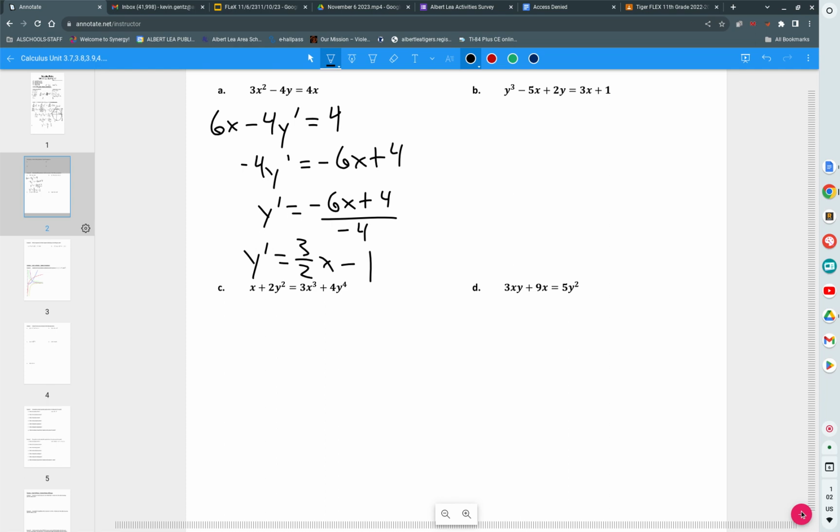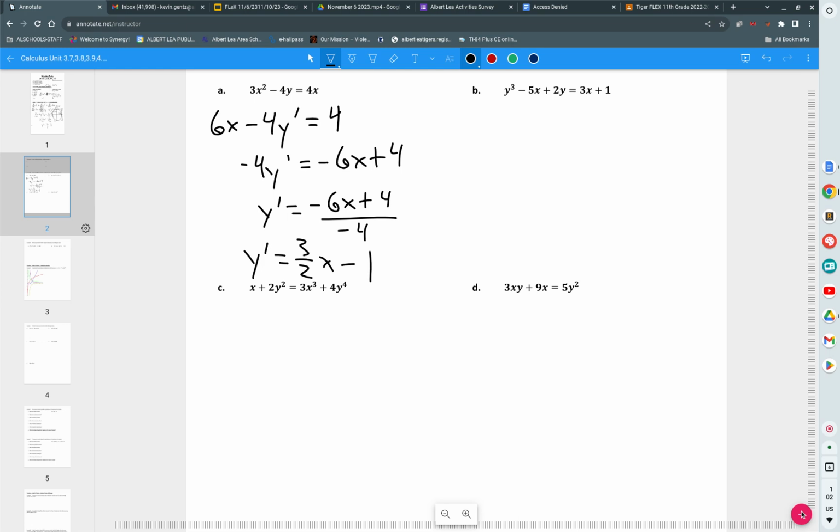It's y cubed minus 5x plus 2y is equal to 3x plus 1. What makes this one different? There's 2 y's. There's y's in multiple places, isn't there? And that's going to make this just a little bit more challenging, but you guys will do absolutely fine with this one.